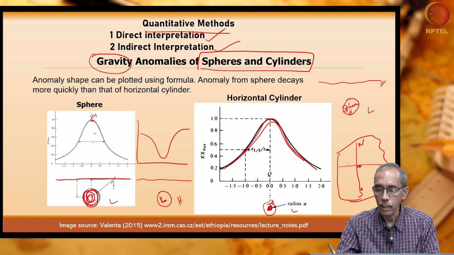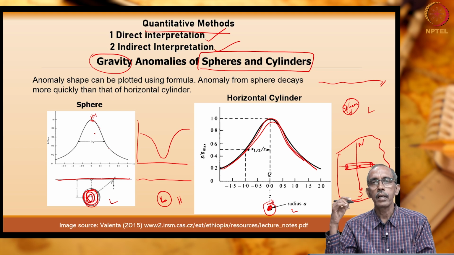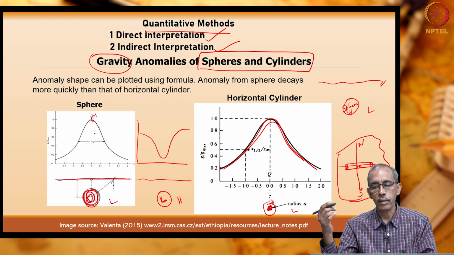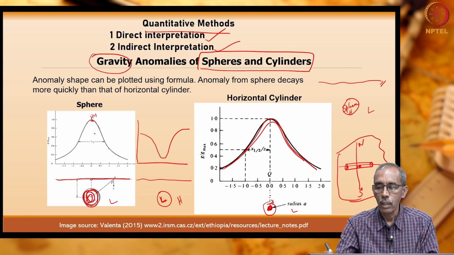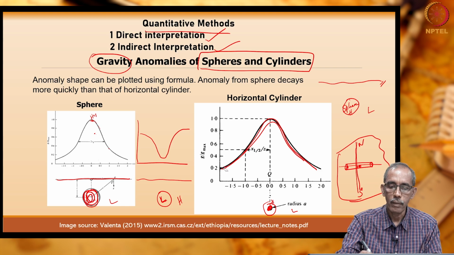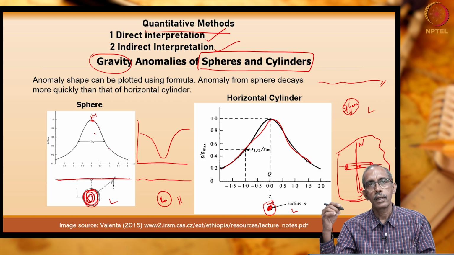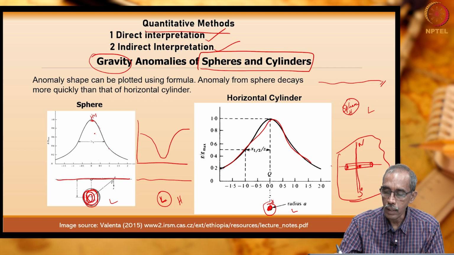Imagine now here beneath the surface you have a buried horizontal cylinder with higher density. When you do a profiling from north to south, you will get a profile like this. More or less, we may think it is a cylinder. To cross check, now we will do one more survey from west to east.